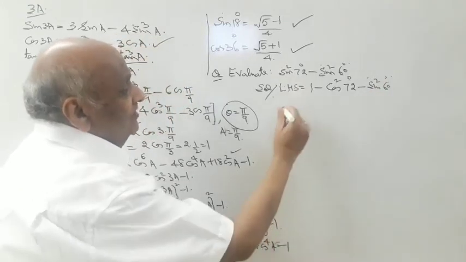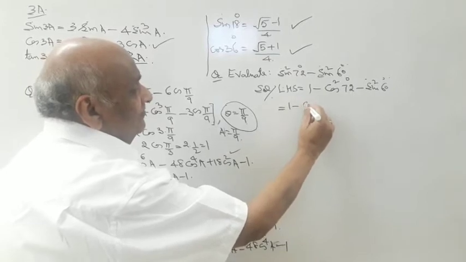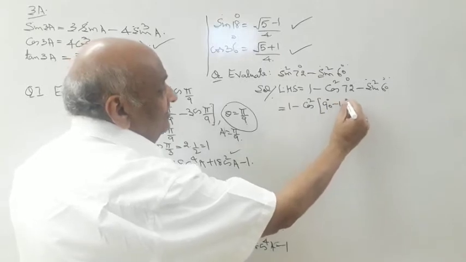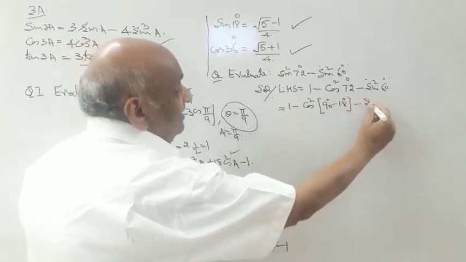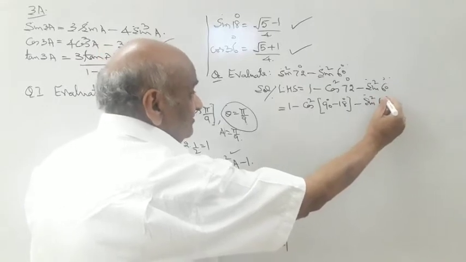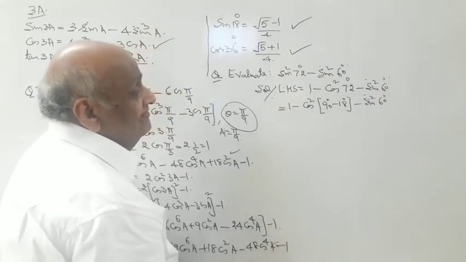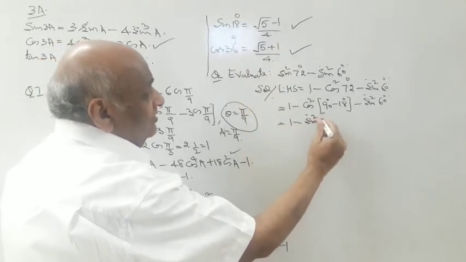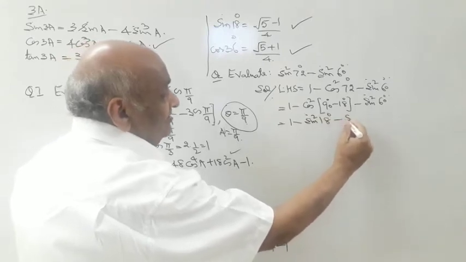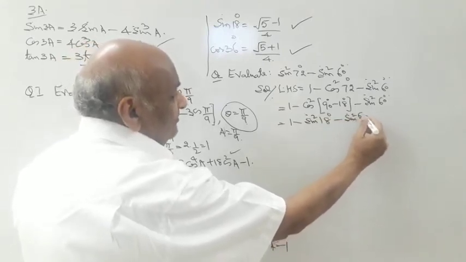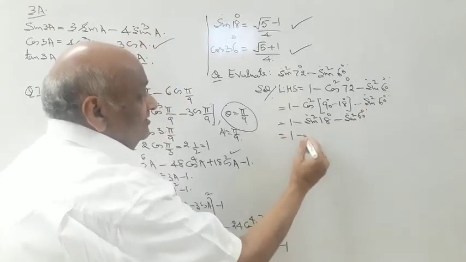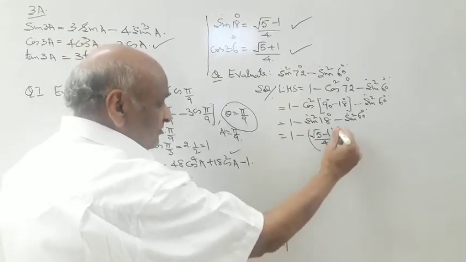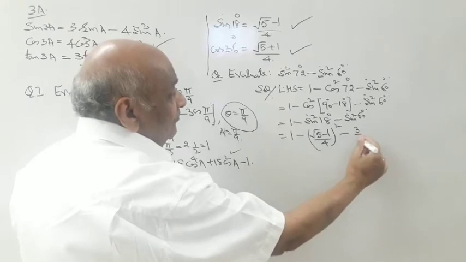Now this becomes 1 minus cos square of 90 minus 18 degrees minus sine square of 60 degrees. That's why I discussed it, because I can apply sine 18 here. It is 1 minus sine square of 18 degrees minus sine square of 60 degrees, which is 1 minus under root 5 minus 1 by 4 the whole square minus 3 by 4.